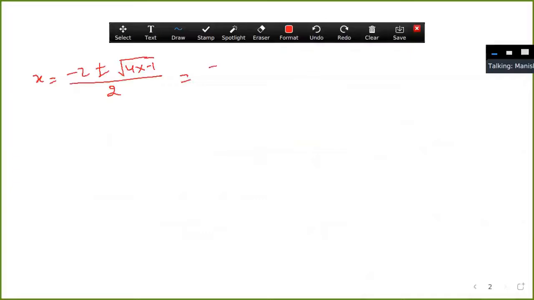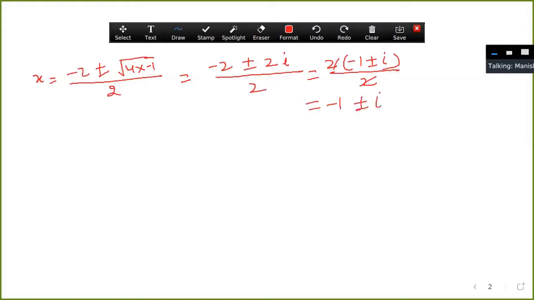It means minus 2 plus minus root 4 becomes 2 and root minus 1 becomes iota, upon 2. You can take 2 common from the numerator: minus 1 plus minus iota, which you left in class 10th. That part can now be solved by taking root of minus 1 as iota.